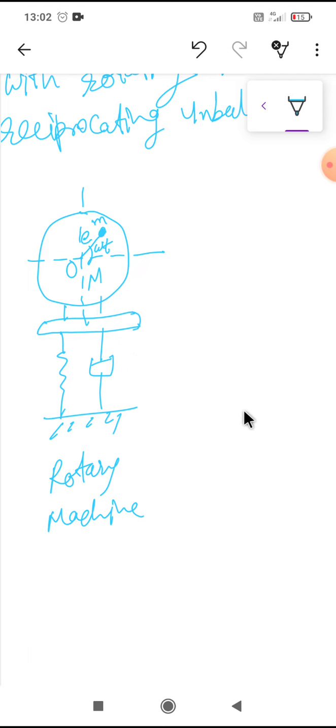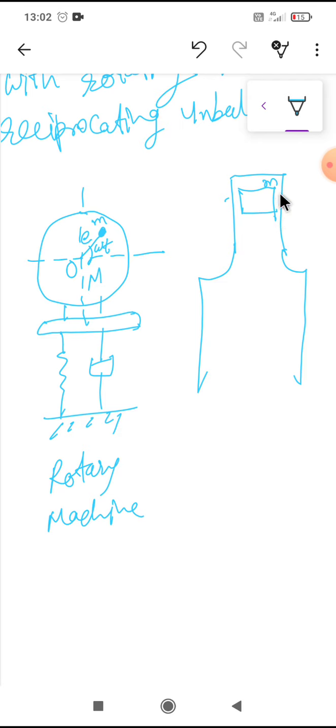Now we will depict our reciprocating motion. For reciprocating, we will use a piston cylinder arrangement. This is a cylinder in which there is a piston of mass small m and its center axis, and this is an axis.